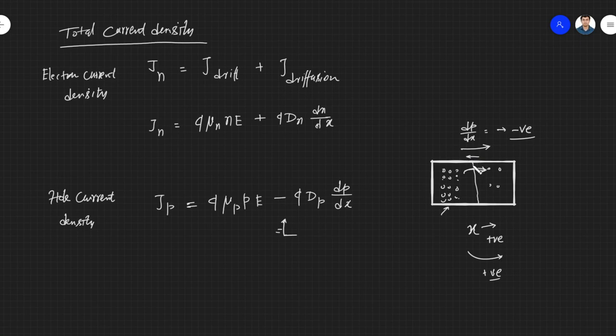So we'll have a negative sign there. These two negatives make the quantity positive. But for holes it is different, because the flow direction and the current direction are the same. That's why this negative sign comes. Hope it's clear.